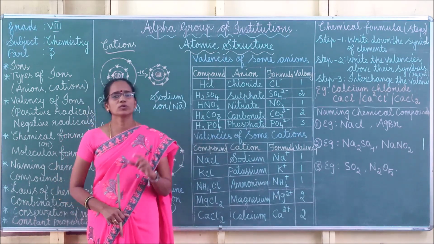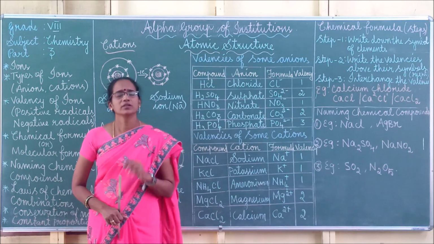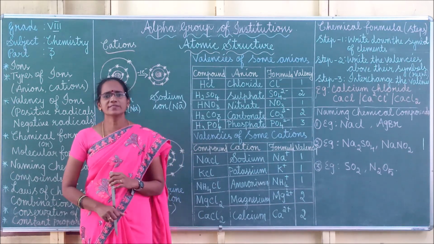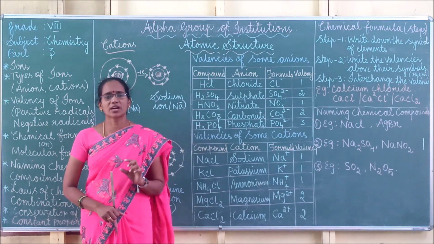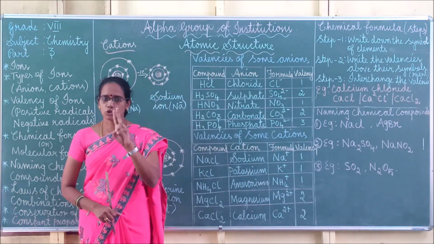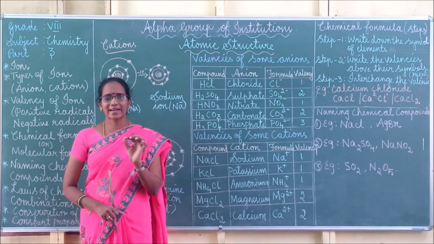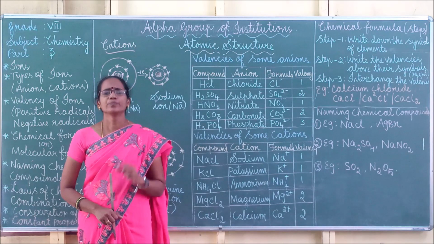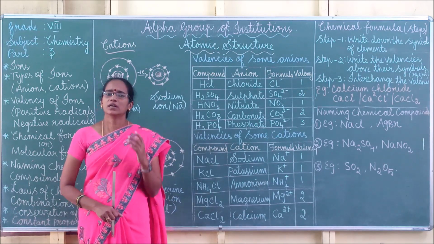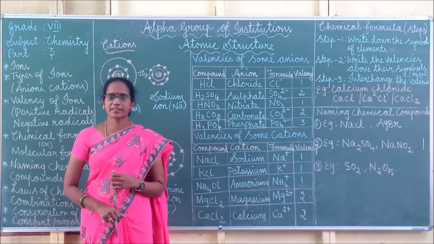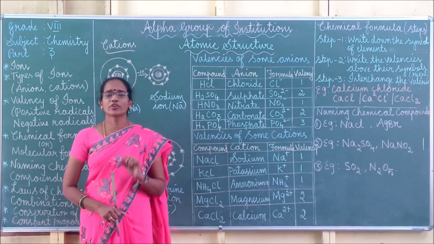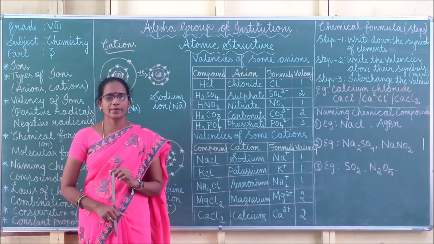Next one, we can move to the divalent ion. Divalent ion means elements which contain valency 2. These are called divalent ions, right? For example, calcium and magnesium are examples of divalent ions.